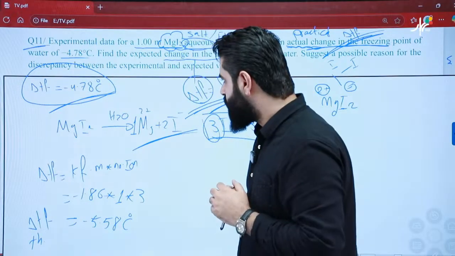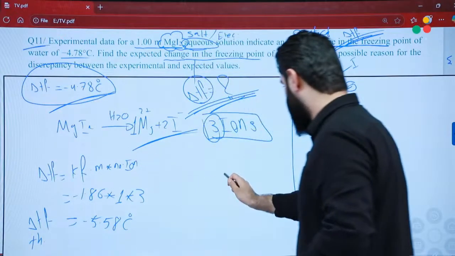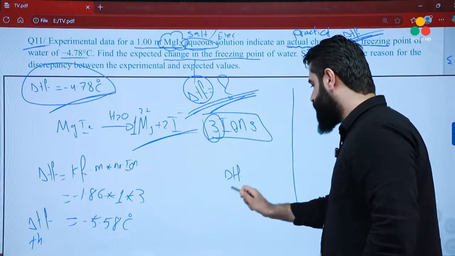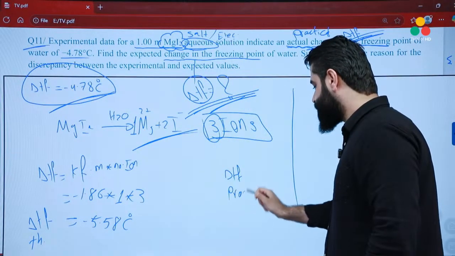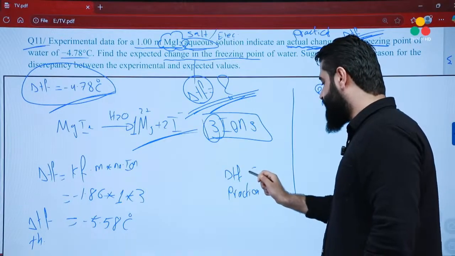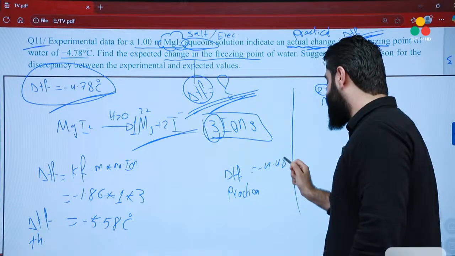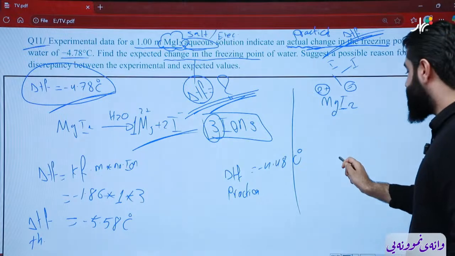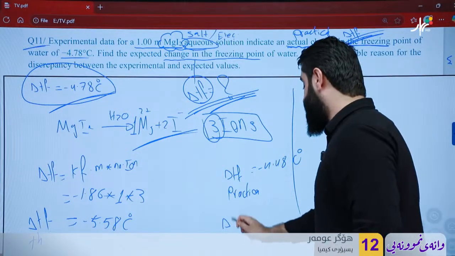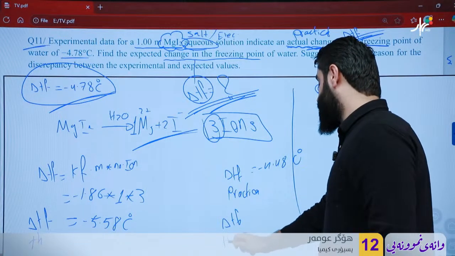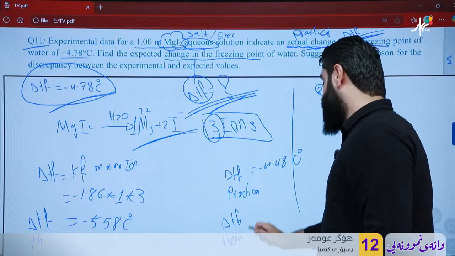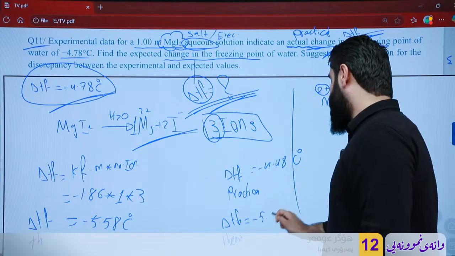How? The practical result here, delta TF practical, is negative 4.48 Celsius degree. And delta TF theoretical equals negative 5.58.